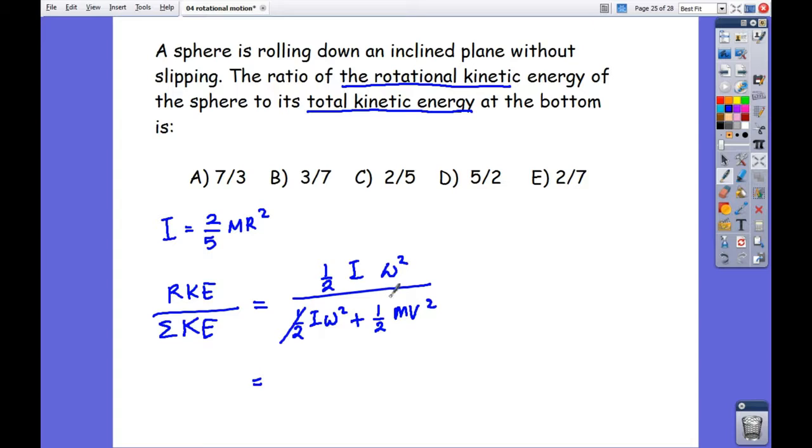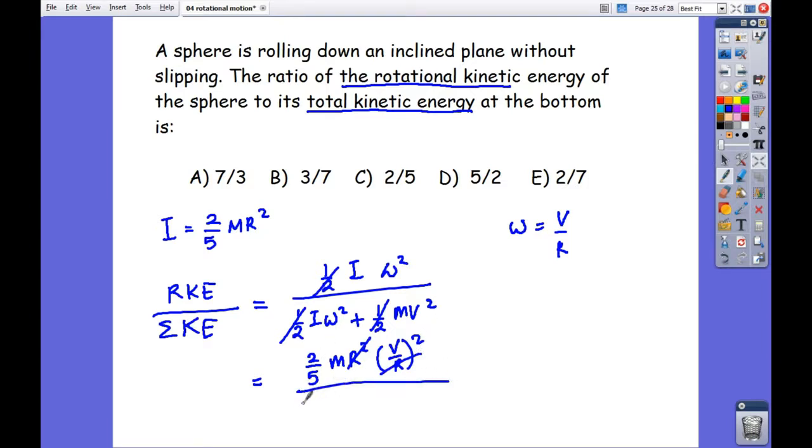We can cancel the half. I itself is 2/5 mr squared. Omega itself is v over r squared. We can cancel r.